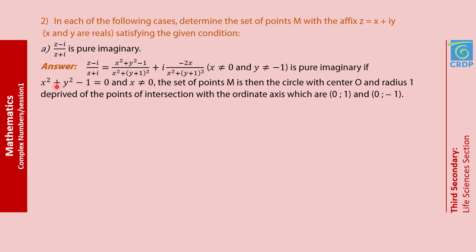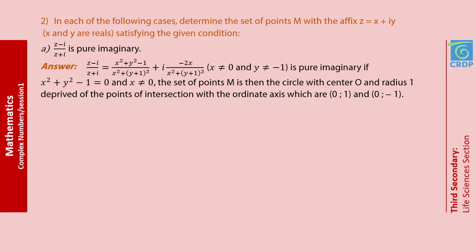The equation x squared plus y squared minus 1 equals 0 is the circle of center O and radius 1. Then the set of points M is this circle of center O and radius 1, deprived from the points of intersection with the ordinate axis or the y-axis, which are the points of coordinates 0, 1 and 0, minus 1.